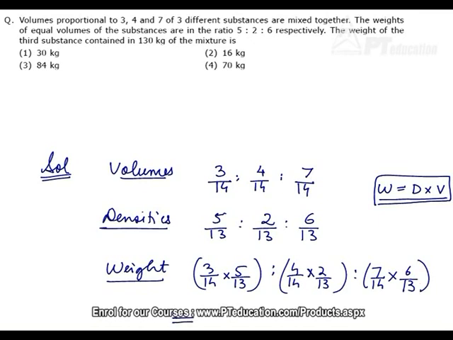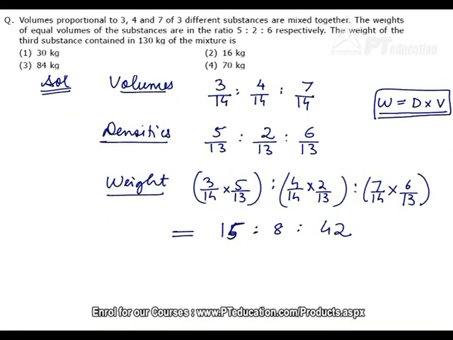And so if you solve this, this comes out to 15, 8 and 42. You will have to do some solving here, and you will finally get the ratios of weights as 15, 8, 42. If you add 15, 8 and 42, that will come out to 65.